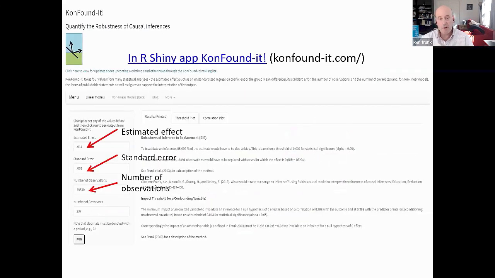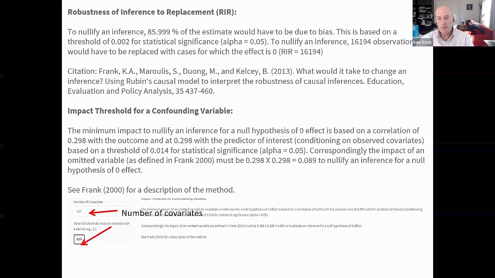So we can crank up our app again, put in all those numbers, click run, and find out that in this case, to nullify the inference, about 86% of the estimated effect would have to be due to bias. And you'd have to replace about 16,000 observations to change the inference.